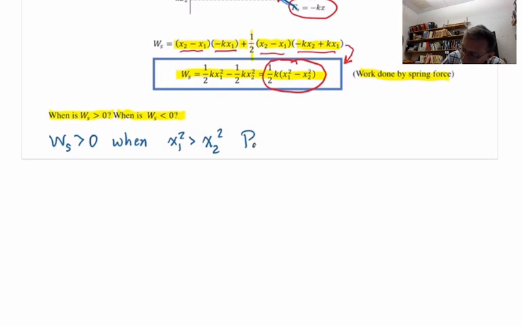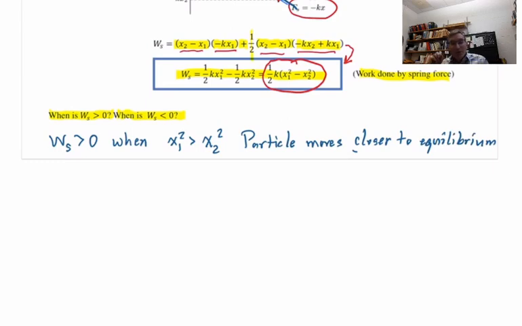It means the particle moves closer to equilibrium, because equilibrium is at 0. And x2 squared is smaller than x1 squared, so it has to end up closer to 0 than it started. So spring force does positive work when the particle ends up closer to equilibrium than where it started.